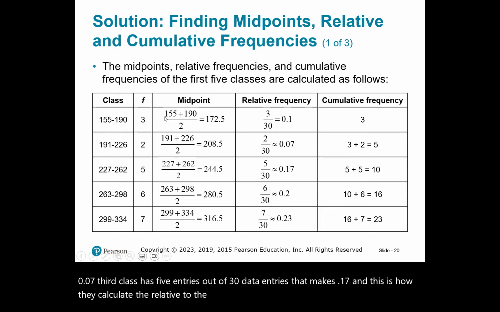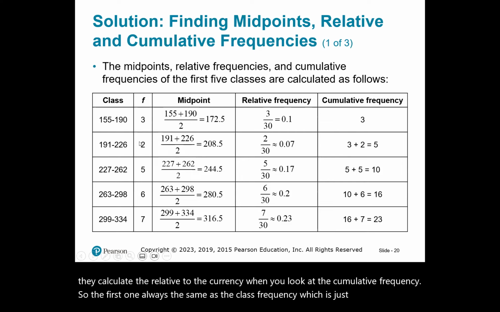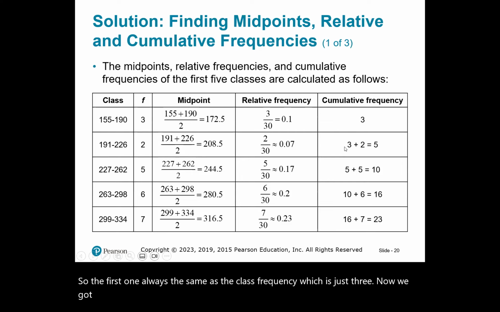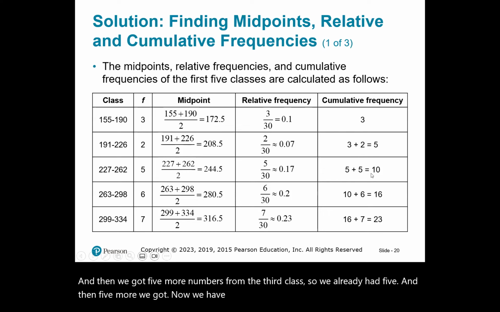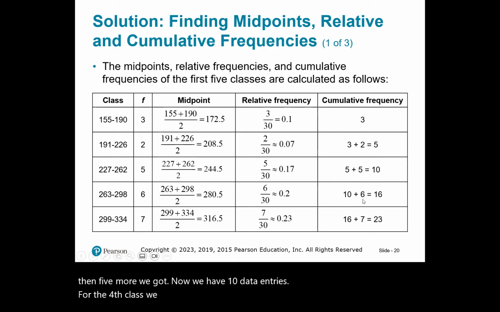When we look at the cumulative frequency, the first one is always the same as the class frequency, which is just 3. Now, we got 2 more from this interval, so 3 plus 2 is 5. And then we got 5 more from the third class, so we already had 5, and 5 more makes 10 data entries. For the fourth class, we got 6 more entries, that makes a total of 16.